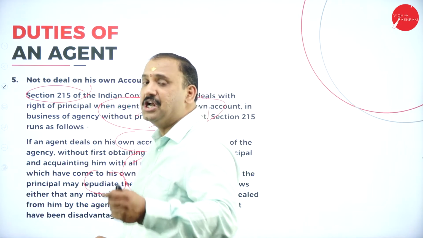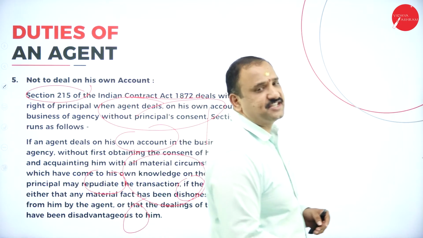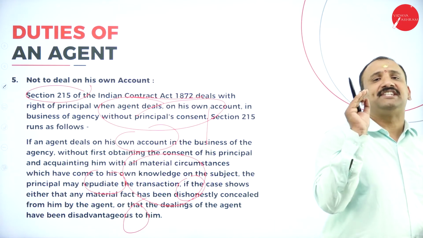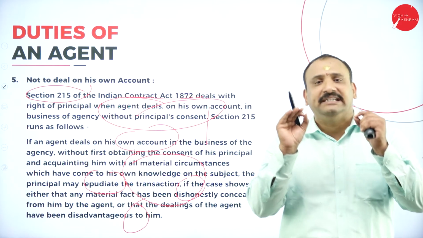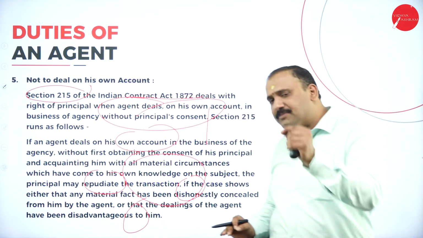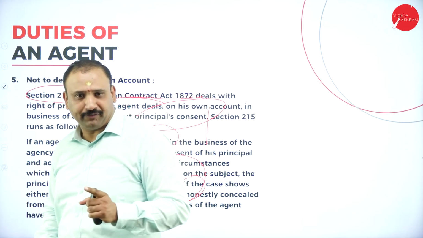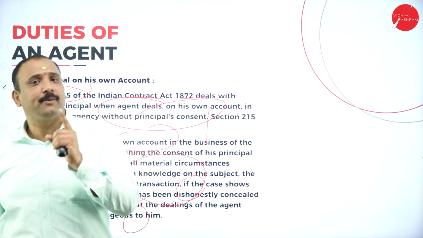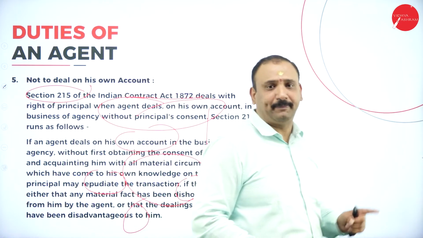So that will lead to the immediate termination of the agency, stating that because he has acted without permission, he has shown dishonesty in dealing with that particular account. At any given point of time, an agent will not be given any rights to deal with the account of the principal.